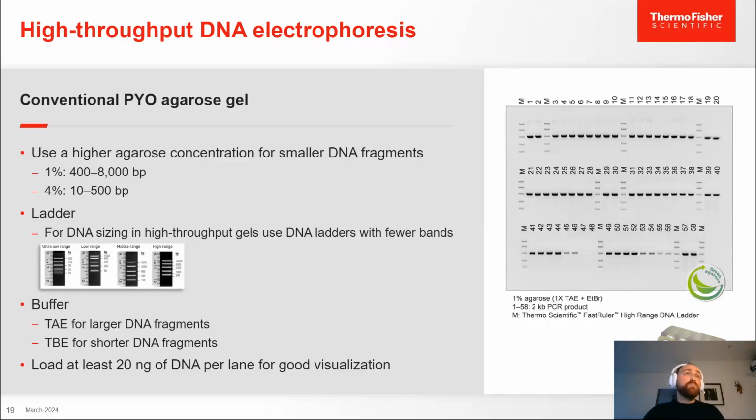Because if we have, say, 1.5% or just 3% run distance, a ladder like what I showed you previously with many different bands is just not going to separate, and it's going to look like a giant smear going through the side of your fragment, and you will not be able to tell the size.